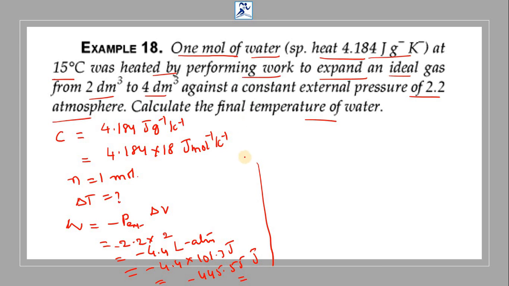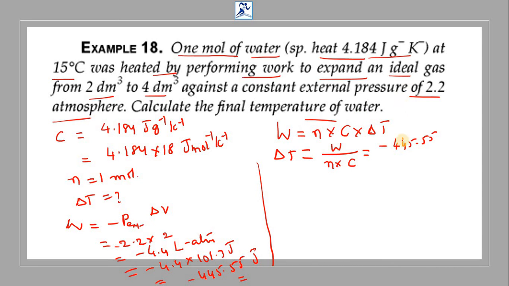Since the work is used to heat 1 mole of water here, W will become equal to n into C into delta T. We have the work done, we have the number of moles, we have C. Just we have to find delta T. Delta T is equal to W by n into C. W we have as minus 445.55, divided by 1 into the C value, it is 4.184 into 18.